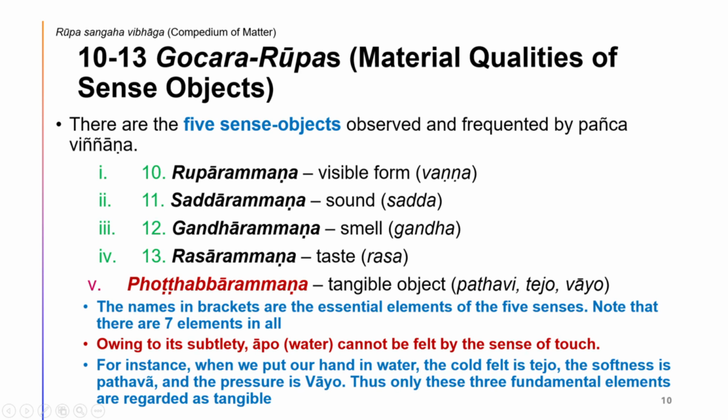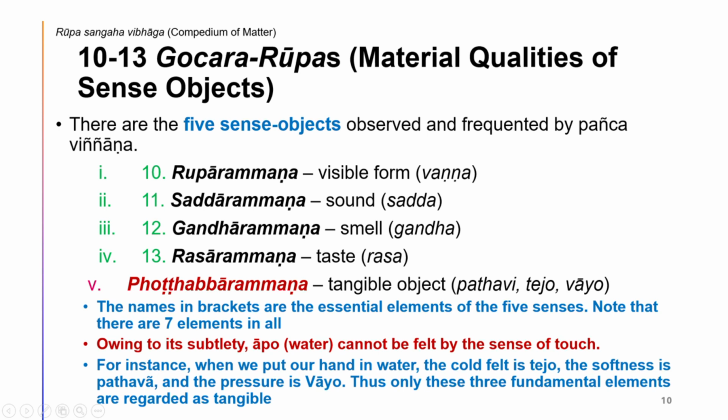The fire element, which we experience as heat or cold. And the air element, experienced as pressure. And take note that the water element, which has the characteristic of cohesion, is not tangible. That means you cannot feel the cohesion. So when you hold it in your palm, you may feel the coldness or warmth of water. That's it. That's why it's taken out.